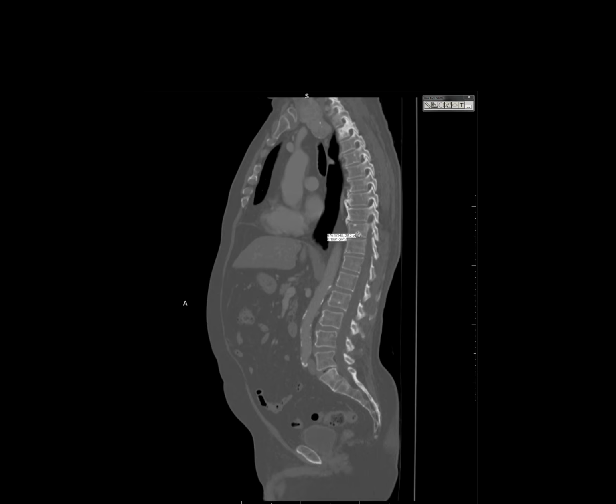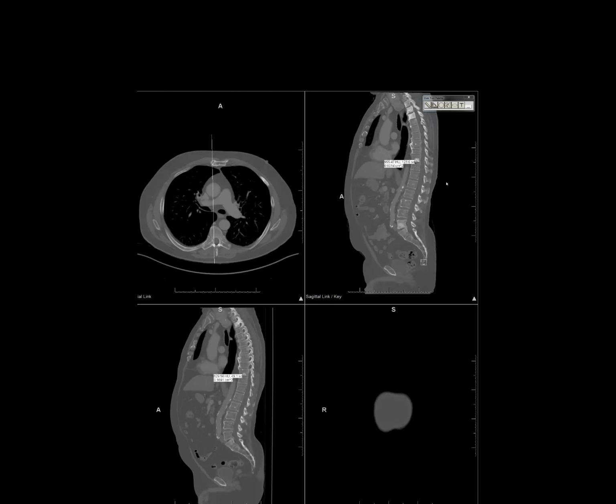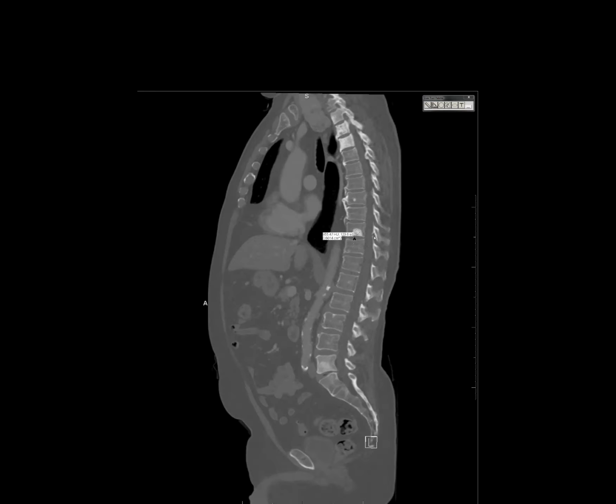So if we look here, say this is the pre-treated case, you could see that the Hounsfield unit is 629, and so that fits more into it. Just because this lesion has grown in size and increased in attenuation, that actually doesn't say much about whether this is progression or not.